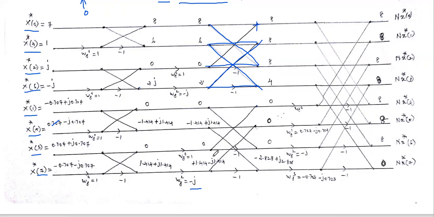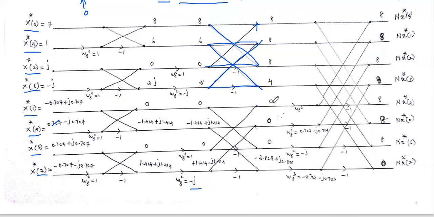If you want to find out separately, you calculate, you add and find out. Here the minus multiplied with this thing means the two data appear the same, so twice. So minus 2.828 plus j 2.828 is appearing in this line. So the second stage answer is calculated.